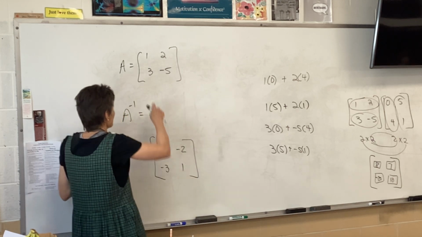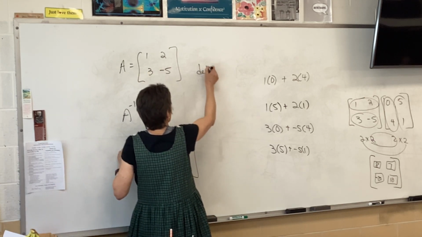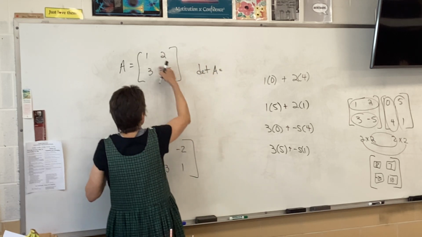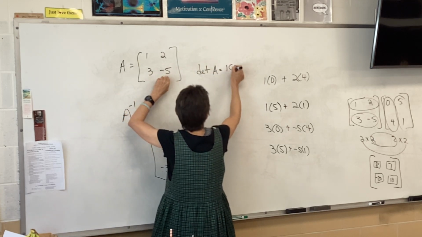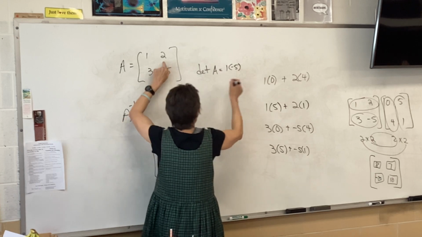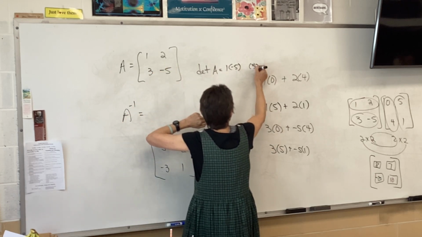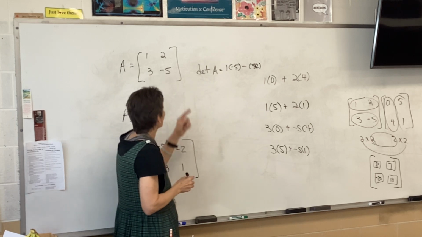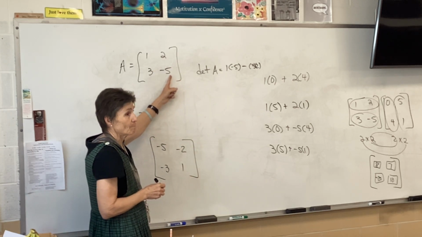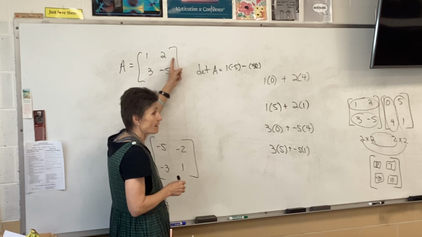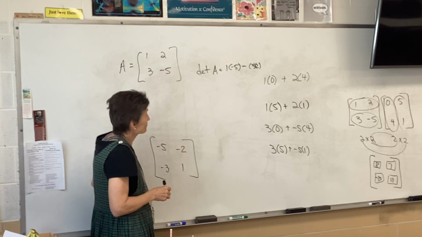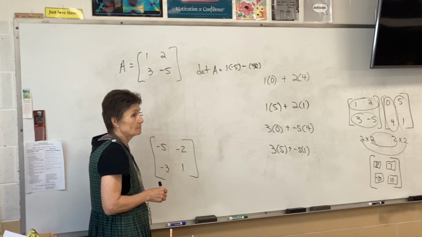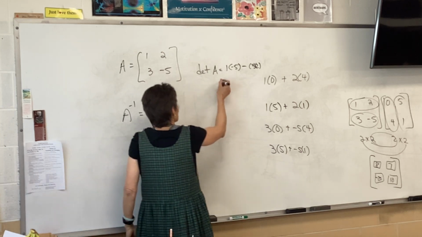We gotta find the determinant of this. So to find the determinant, we take 1 times negative 5, 3 times 2, and subtract. So what is that? What's 1 times negative 5 minus 3 times 2? Negative 11.